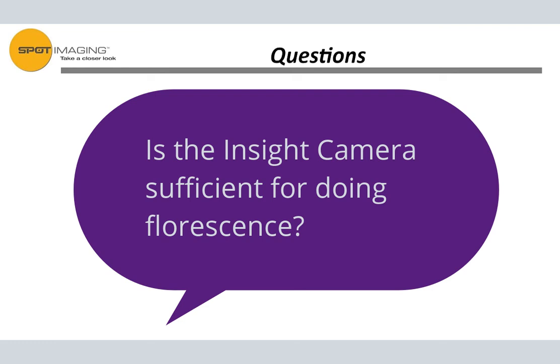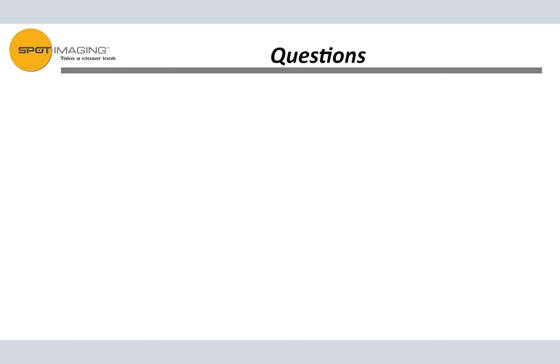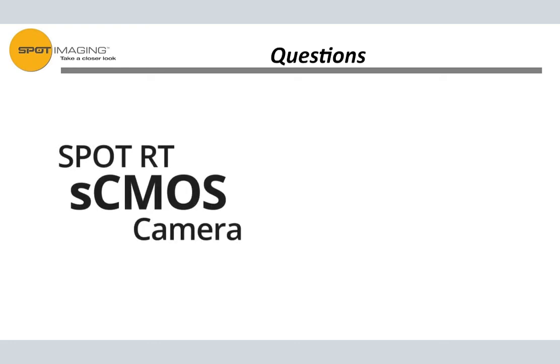We were actually in the middle of a design cycle with their latest and best CCD camera. When we started hearing about this, we killed that camera design and switched over to the SCMOS camera designs. So that's the Insight cameras we have, plus we have a dedicated fluorescent camera called the RT SCMOS camera.